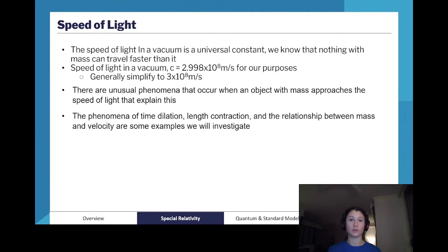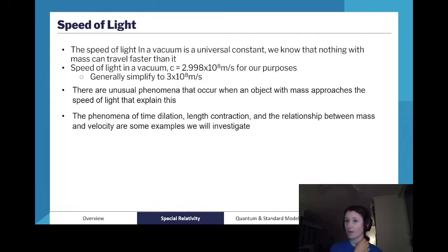There are unusual phenomena that occur when an object with mass approaches the speed of light that explain why we can actually never travel at or faster than the speed of light. And these phenomena involve time dilation, length contraction, and the relationship between mass and velocity.